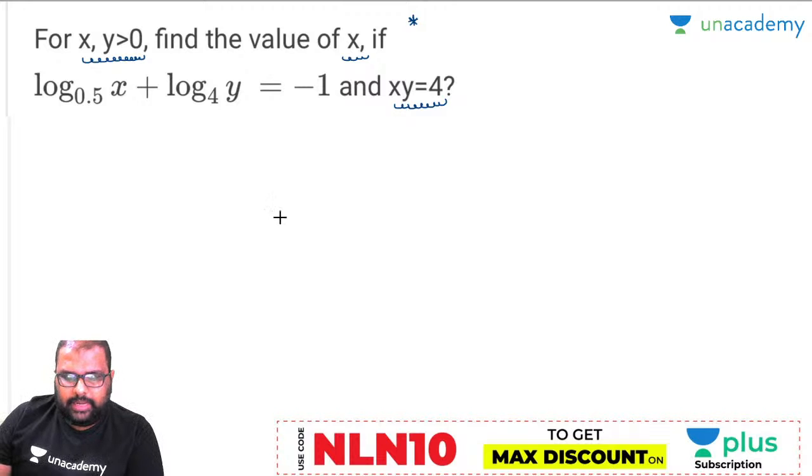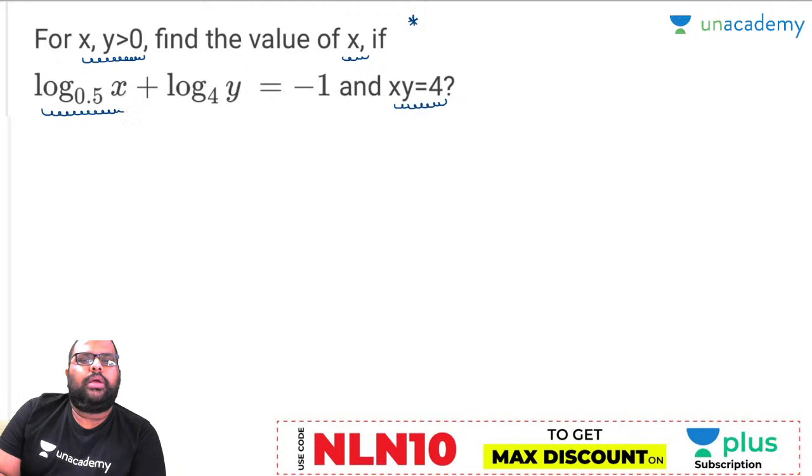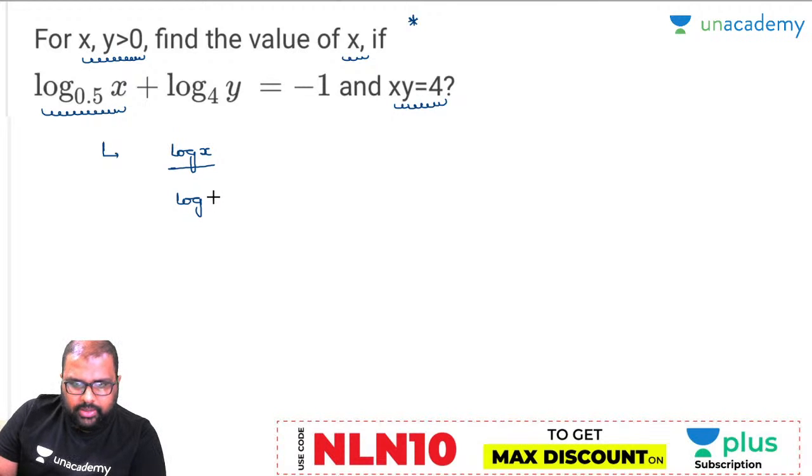So first of all, let me know, can I write down this value like this? Explain to me whether I am right or wrong. Can I write this as log x by log 0.5, and 0.5 is nothing but 1 by 2? Can I write this as 2 to the power of -1?